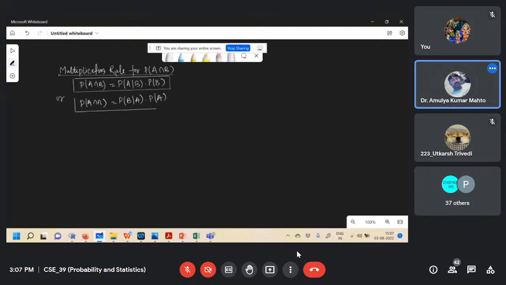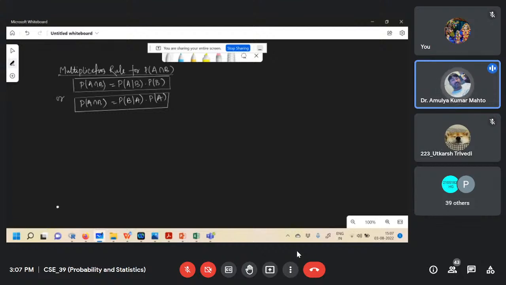Clear? From where is it coming? It is coming from the conditional probability that I have discussed, and I have also discussed some problems related to that.